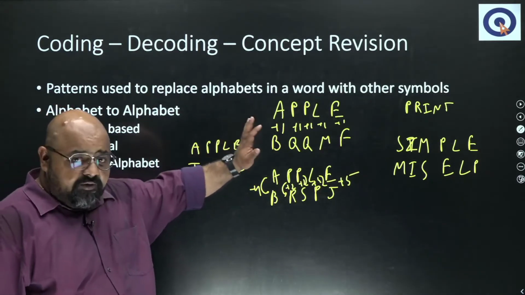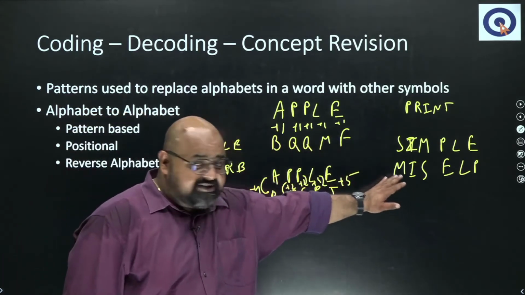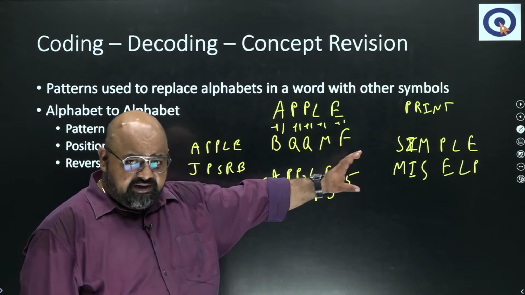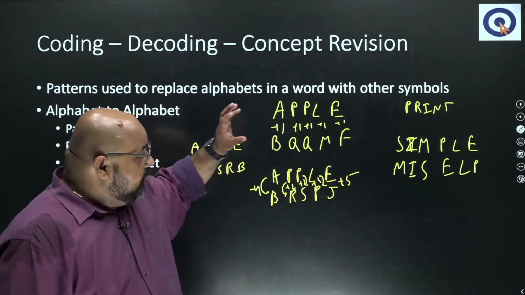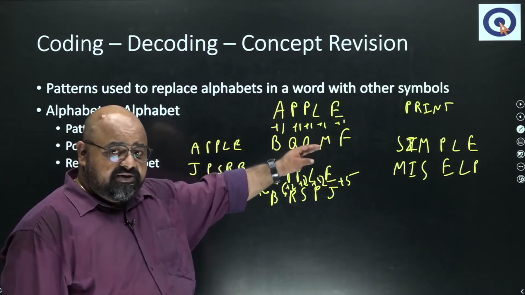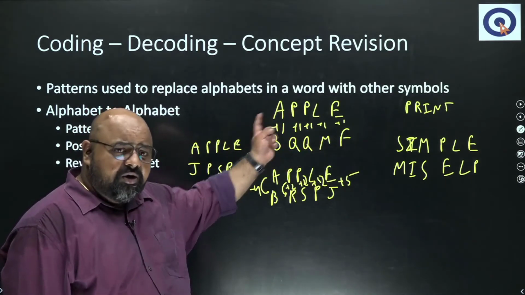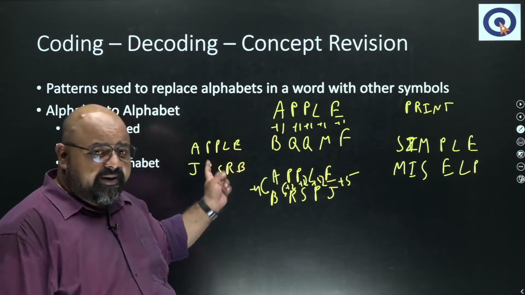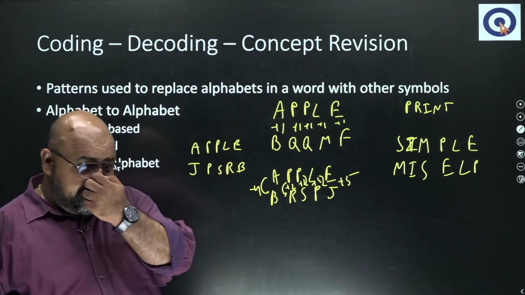So first of all, we see whether it is this type or this type. That becomes evident on just looking at the word and the code. From there, if it is pattern based, look for adjacent alphabets. You will either find it on the start or towards the end, and therefore you can find out whether it is just pattern based or pattern plus positional based, right?